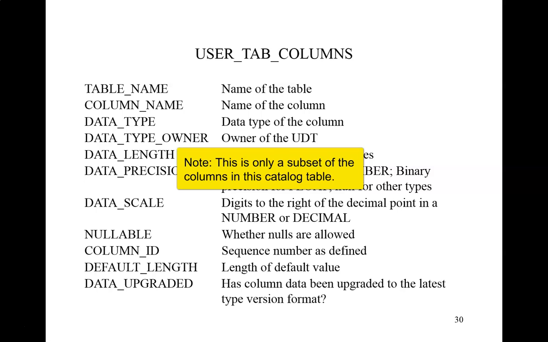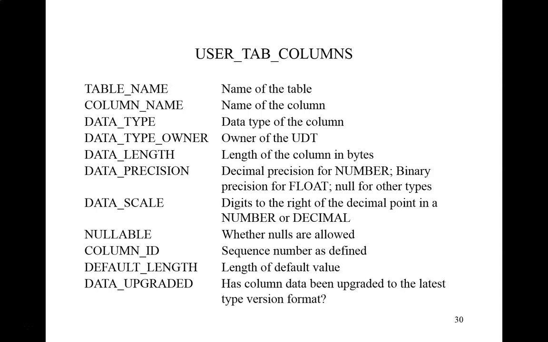If you describe UserTabColumns, there are many additional columns within this table, but we want to focus on just a few of these. Column name is the name of the column within the table. Data type refers to the data type of the column. This can be either a built-in data type or a user-defined data type.